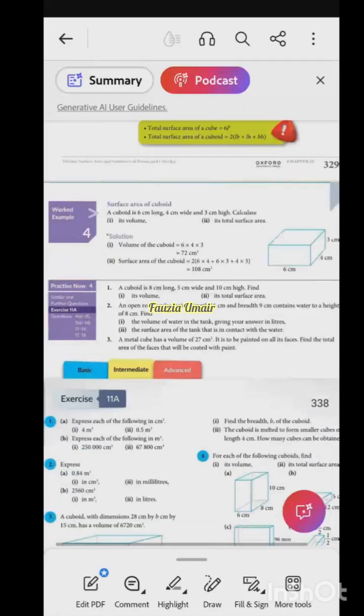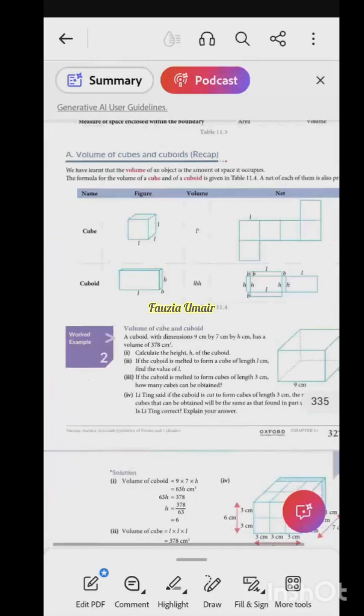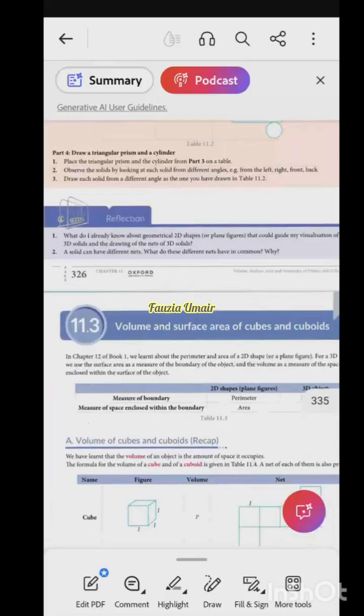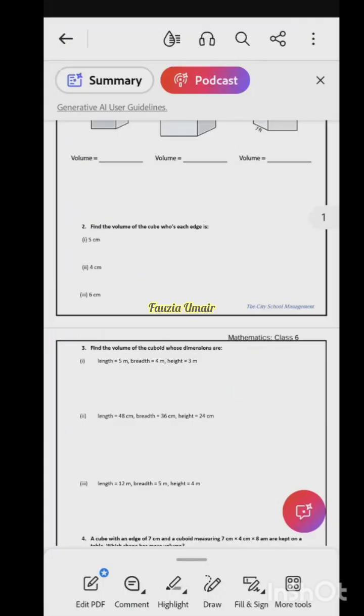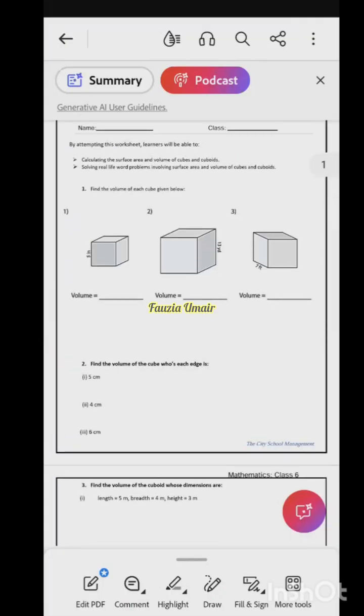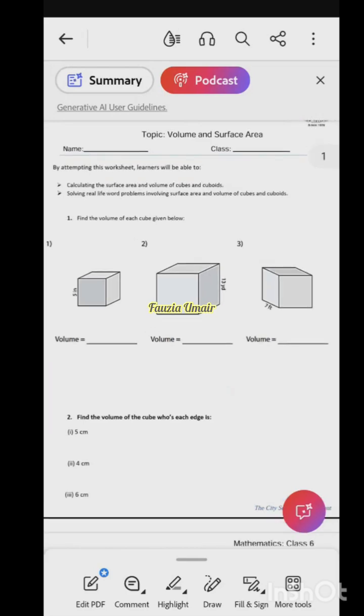I cannot see a cube. Let's look in the worksheet. Ma'am, in the worksheet there are cubes. Can you see this on your screen?